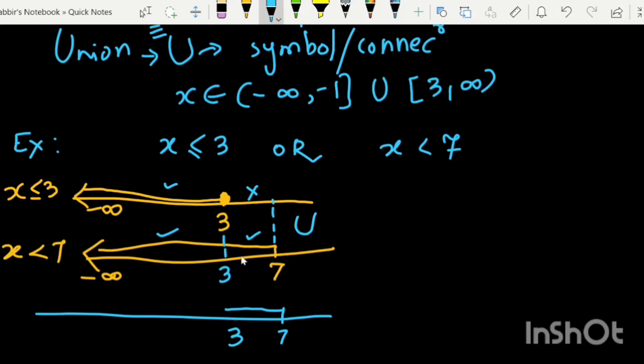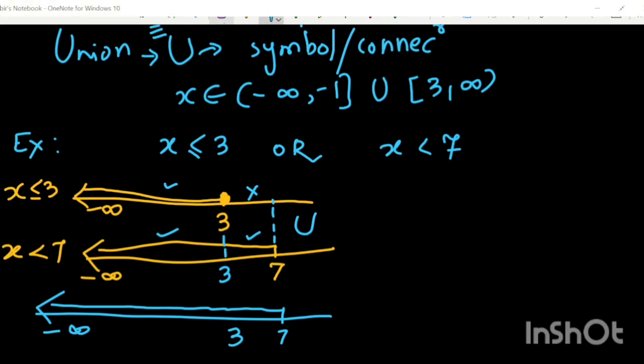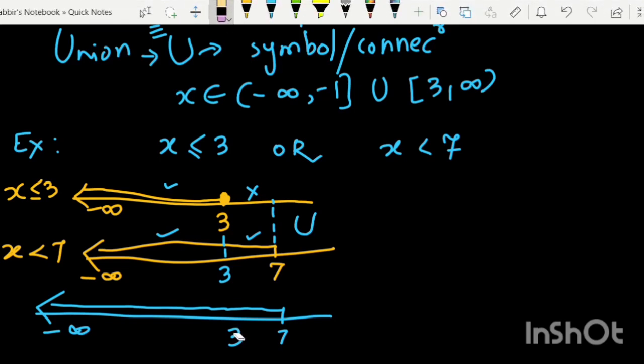Okay, whatever the common or not common solutions, everything we have to take. So it will go on like this. Answer would be minus infinity to 7 guys. Okay, x belongs to minus infinity to 7.